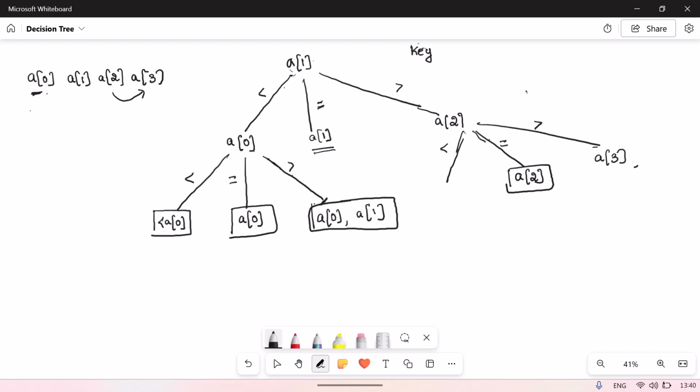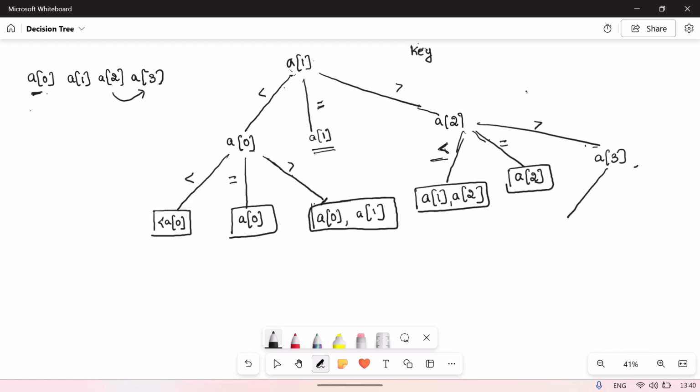Now A of 2, A of 3. If it is less than A of 2, this part, so it is greater than A of 1 but less than A of 2. So it will come somewhere in between these. Otherwise, it is A of 3.